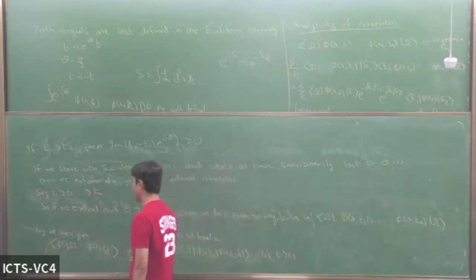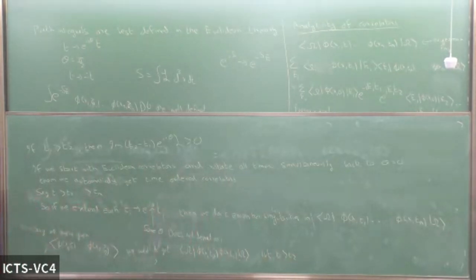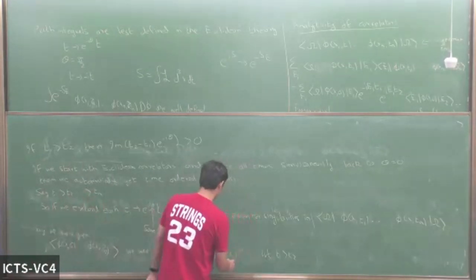So if I give you this answer as a function of tau 1 and tau 2, and I want to get this anti-time ordered correlator, what should I do? Rotate the other way. Well, okay. Generally you can't rotate the other way, but let me add a few more points so you can't just rotate the other way.